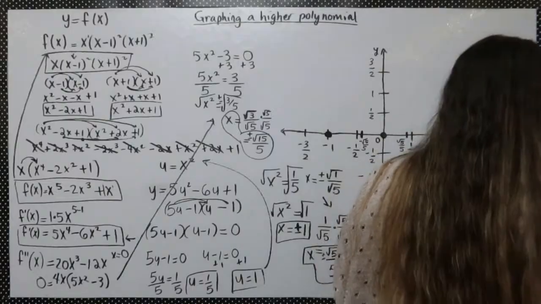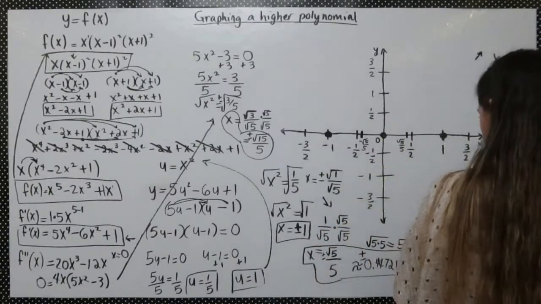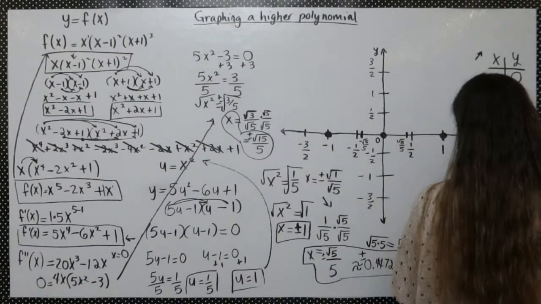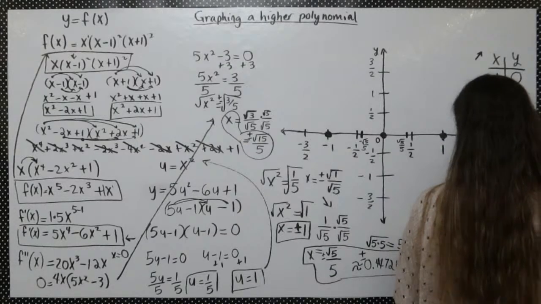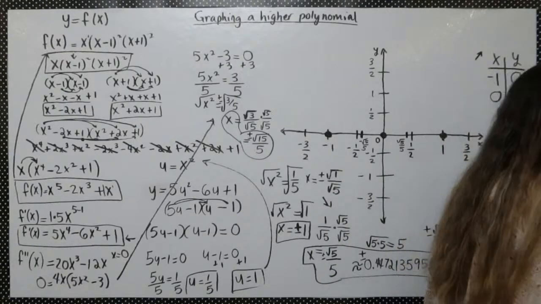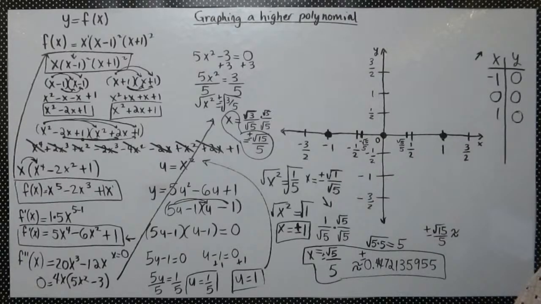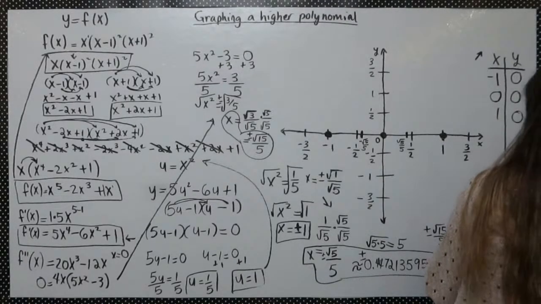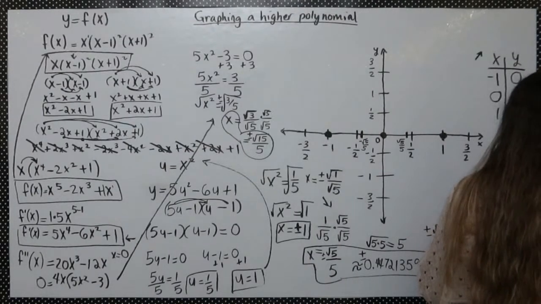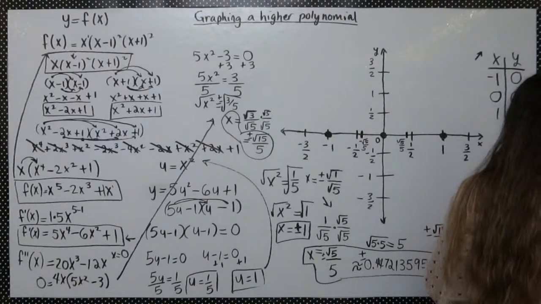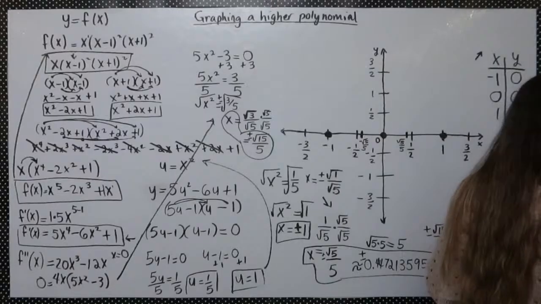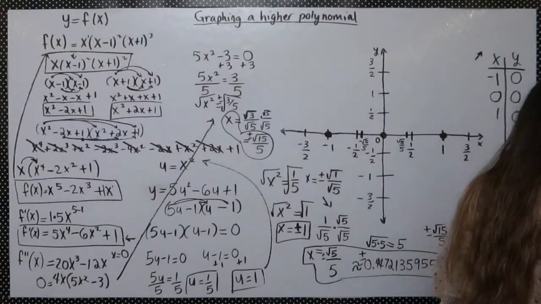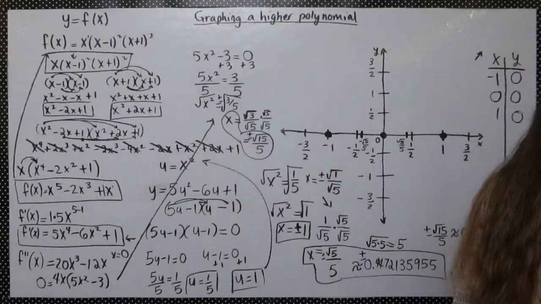Let me see what radical 15 over 5 is. All right, so calculator says it's 0.7745 96692.